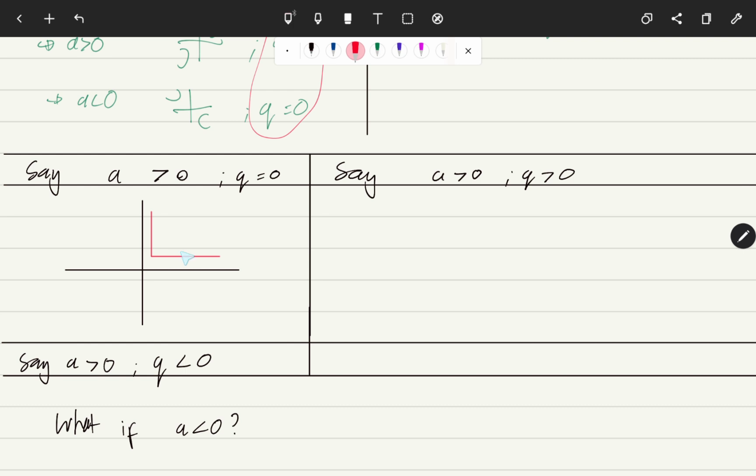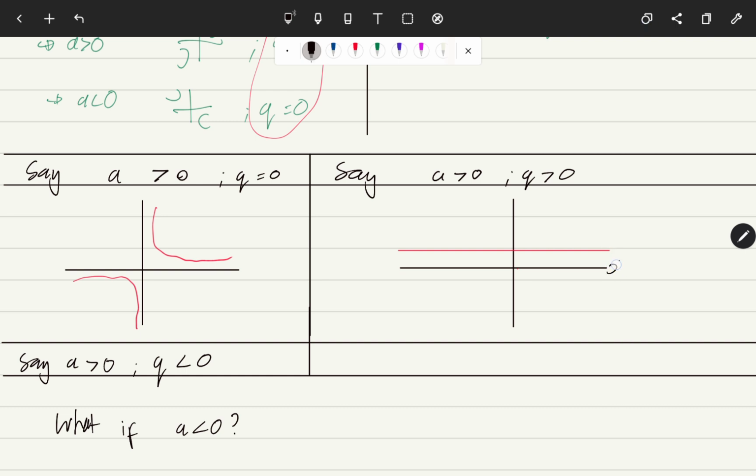But as soon as q is greater than 0, say q equals 1, we know that the shift has happened where we moved from 0 to 1. So now we'll be here, right?